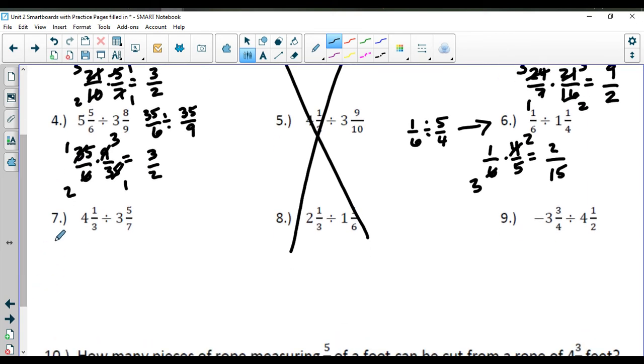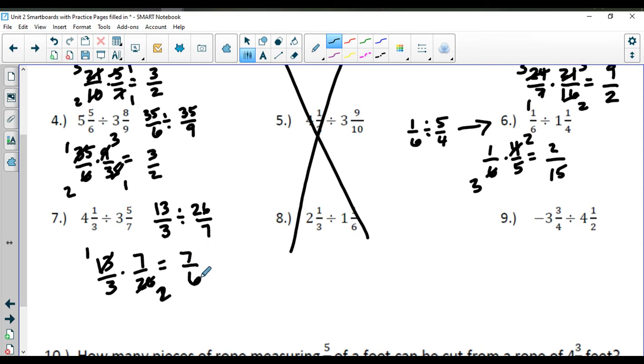For question number 7, improper fraction, 26/7. 13/3 times 7 over 26. Reduce, and I get 7/6 for my answer because 3 times 2 is 6. Over on the last one here, sign analysis tells me that my answer is going to end up being a negative here.